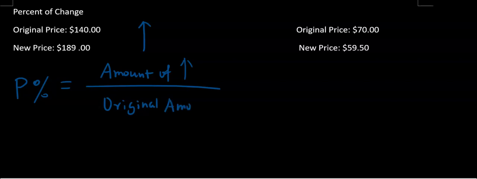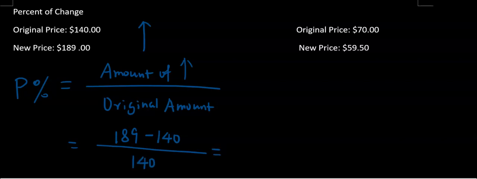We're talking about money, so it will be the price. Let's plug it in. Amount of increase: this is your previous number, this is your new number. Previous price, new price. So I'm going to use 189 minus 140 and divided by the original, which is the previous number, the previous price.